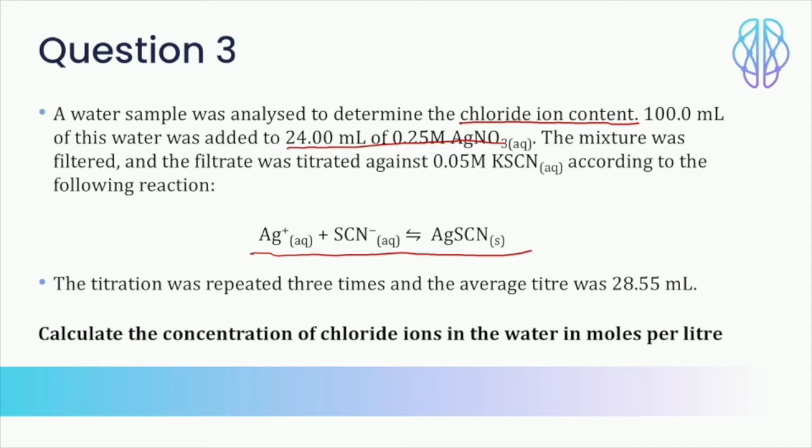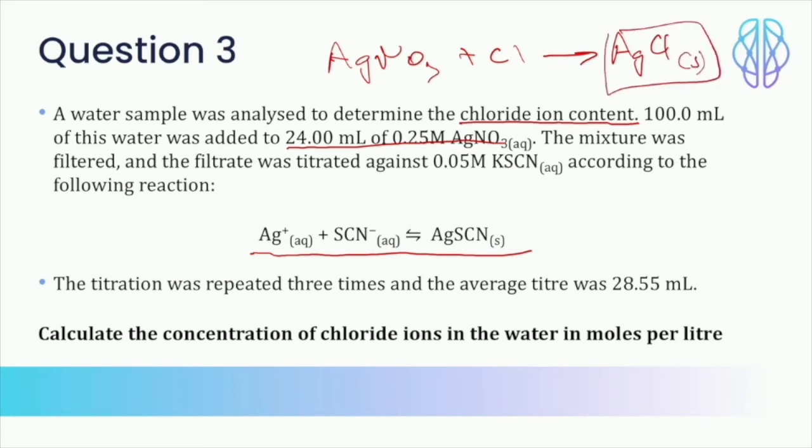Thus, this mixture was then filtered and the filtrate was titrated against 0.05 molar potassium thiocyanate. So silver nitrate and chloride will give you insoluble silver chloride. So they've got this beaker of chloride containing water.